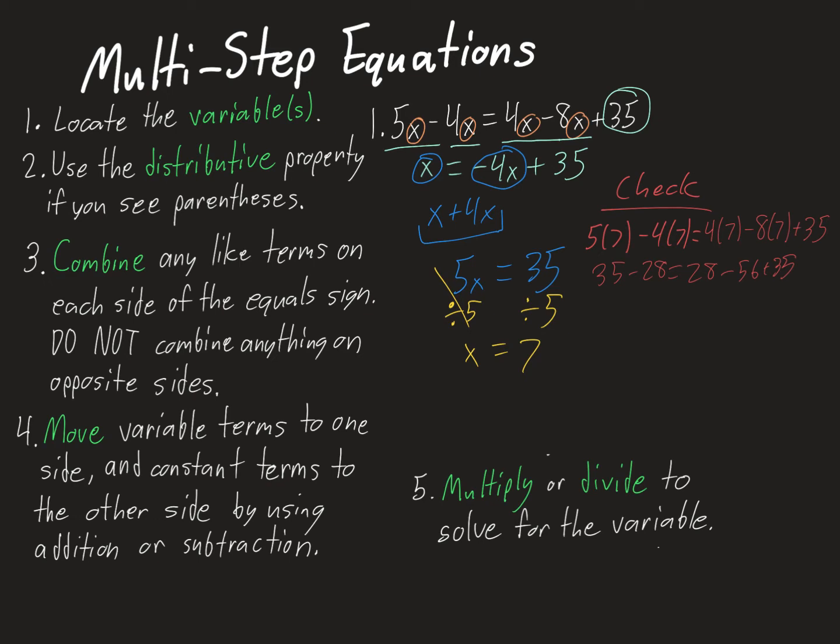And then we can add and subtract to give us 7 is equal to negative 28 plus 35, which is 7 equals 7. Since this is true, we have correctly solved the equation.